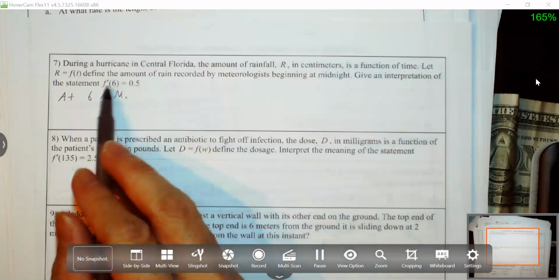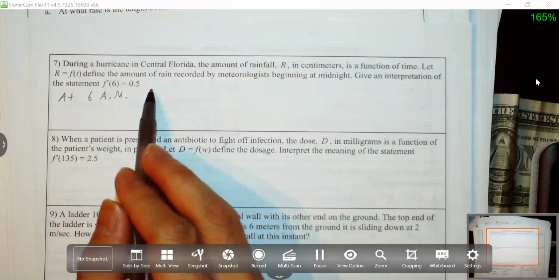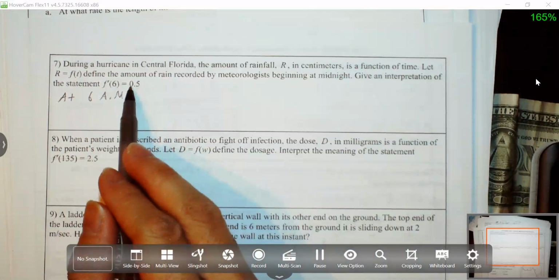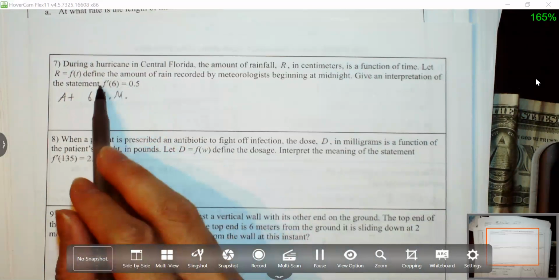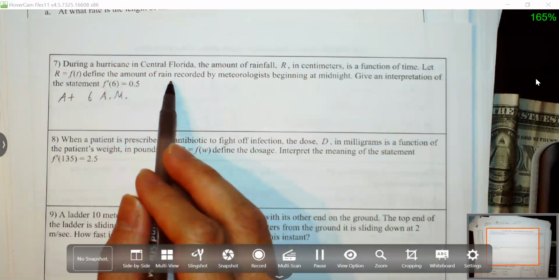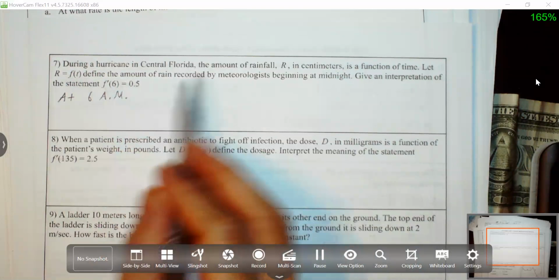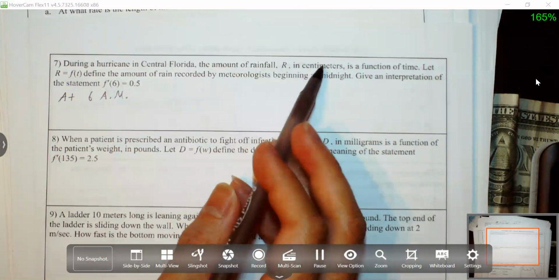Okay, so remember that it's a derivative, so this is a rate of change. Okay, it's positive, so it's increasing, not decreasing. And what are we measuring? We are measuring the amount of rainfall in centimeters.